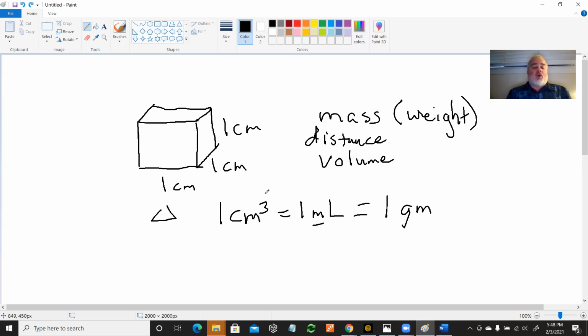And if I were to put in 1 calorie of energy, I would raise the temperature by 1 centigrade. So I have energy in the form of calories, and I have temperature in the form of centigrade or Celsius. And I haven't left this cube yet.